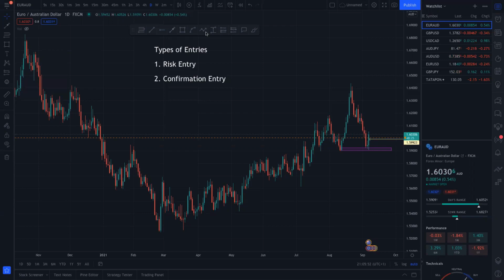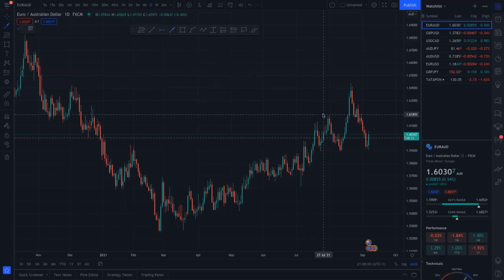All right, so how is the risk entry going to look? Let's take an example. Here we see a clear-cut break of structure, right? This is a daily chart on Euro Australian dollar. You can use any chart you want. In this example, let's say this one is an order block.